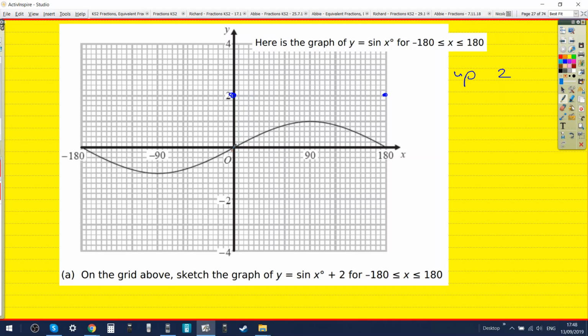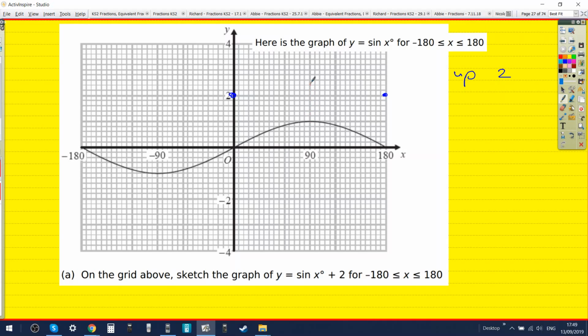No, just take the main points. Yeah, go on. That one will go up by 2.